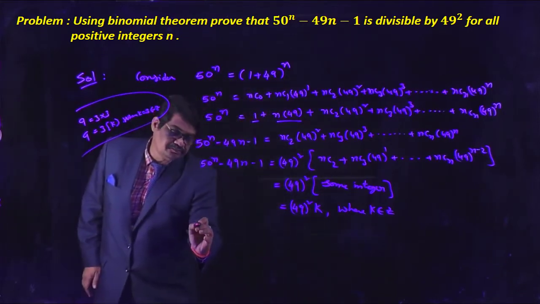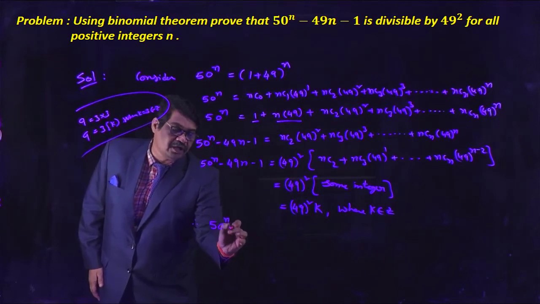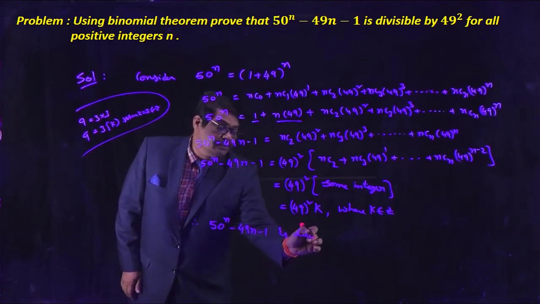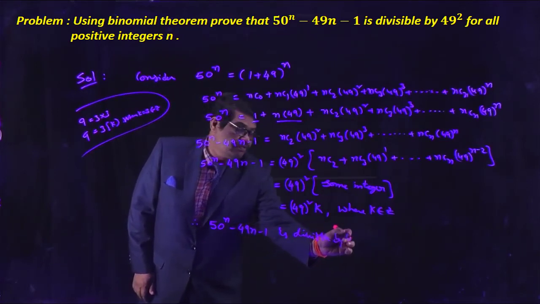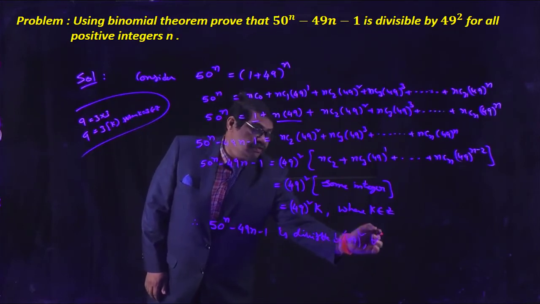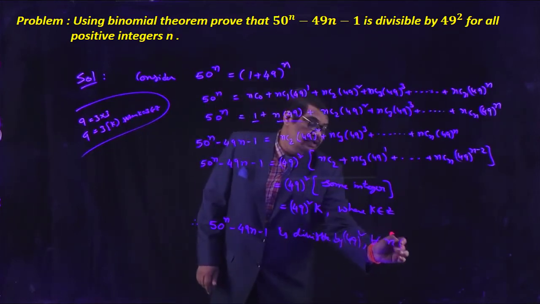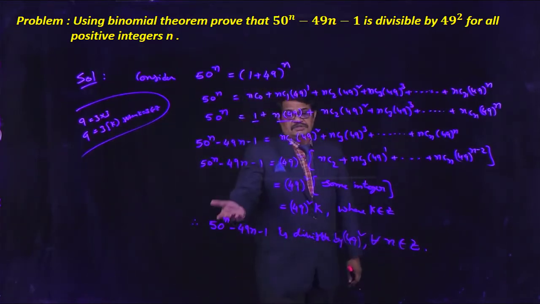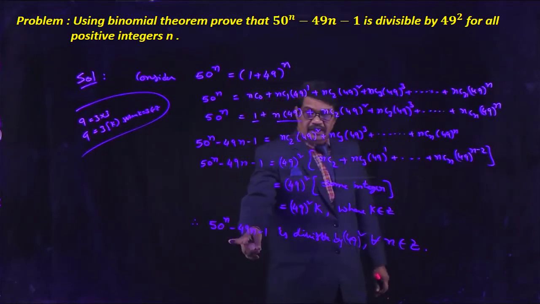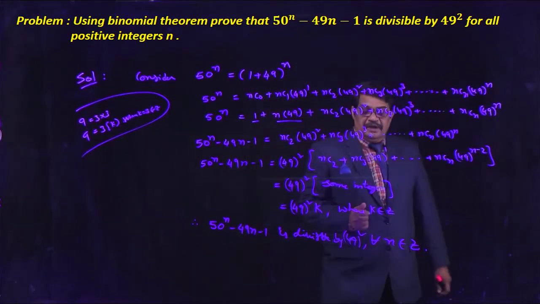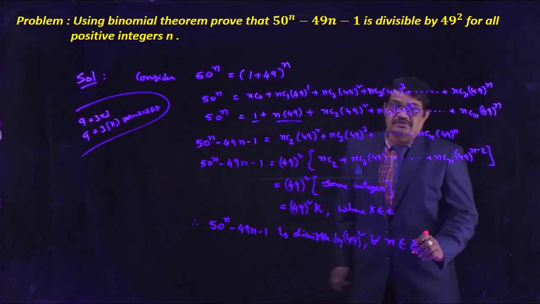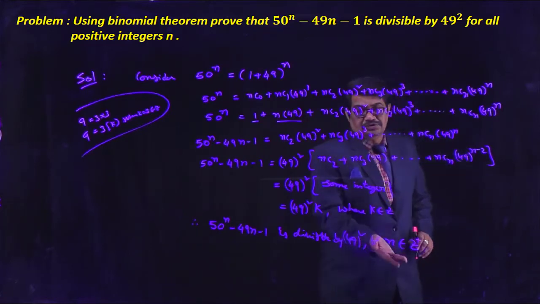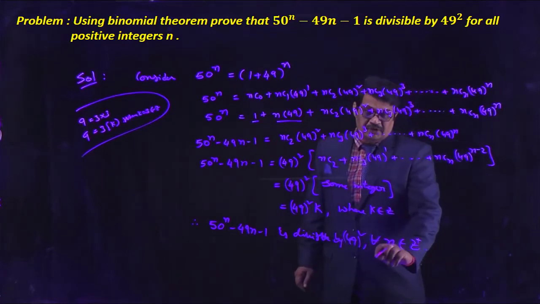So 50 to the power of n minus 49n minus 1 is divisible by 49 square for every n belonging to Z plus, that is, for all positive integers. This is our result.